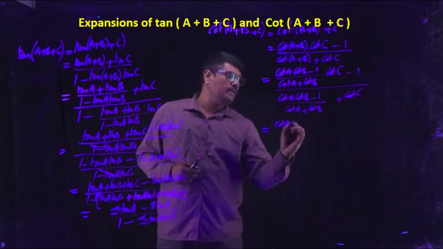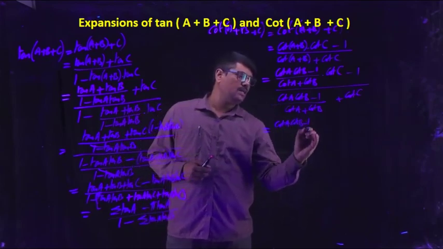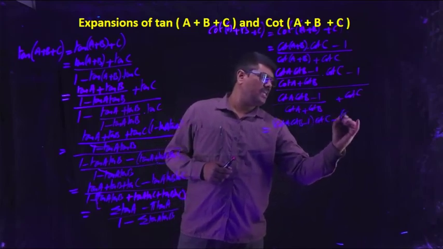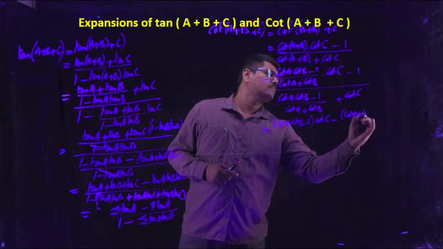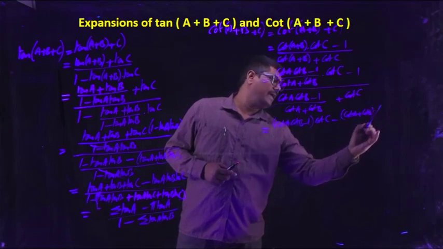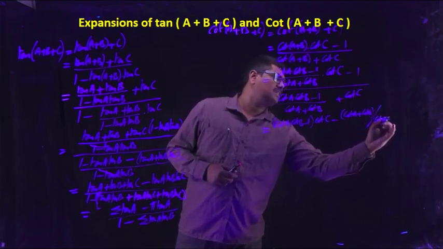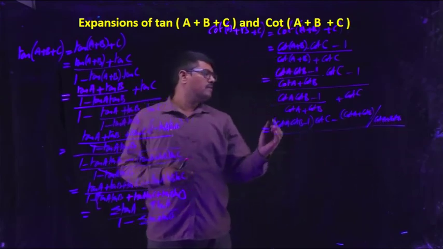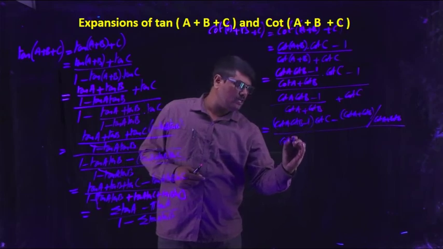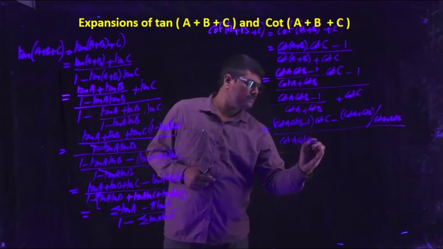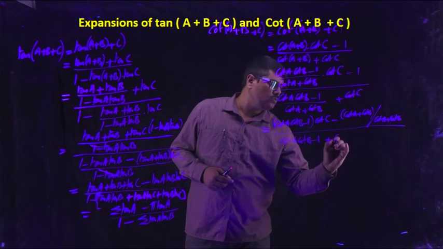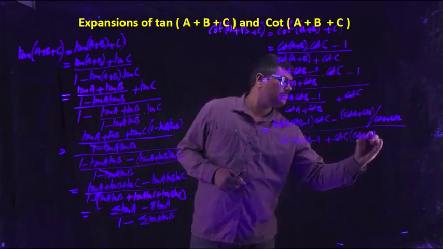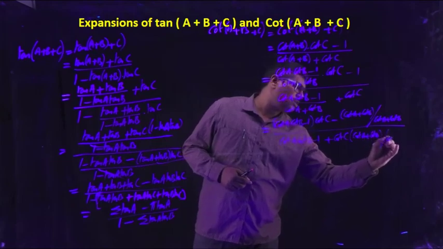Cot A cot B minus 1 into cot C minus cot A plus cot B, by cot A plus cot B is the LCM. I am writing here cot A plus cot B whole divided by, for the denominator, cot A cot B minus 1 plus cot C into cot A plus cot B, by LCM cot A plus cot B.